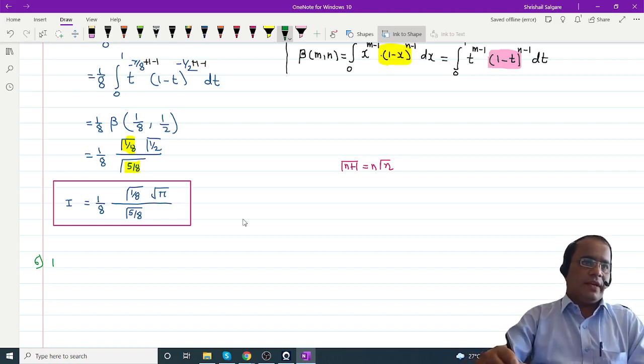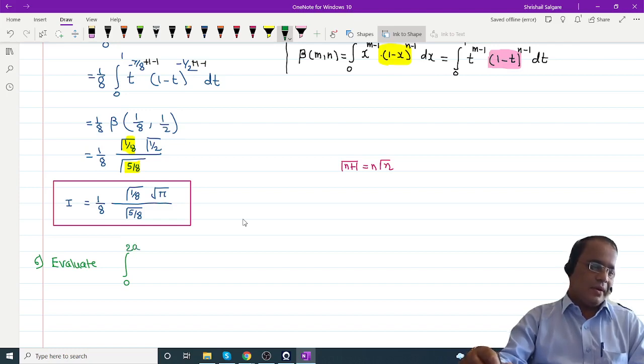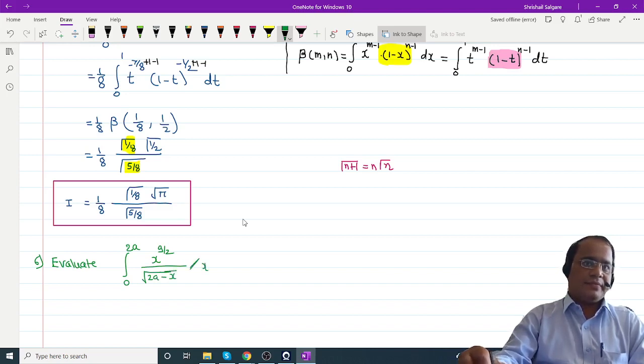Evaluate the integral from 0 to 2a of x raised to 9 by 2 divided by square root of 2a minus x dx.